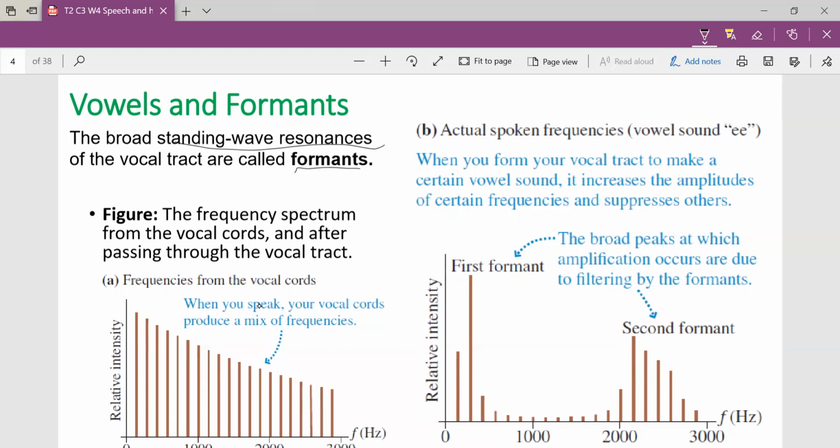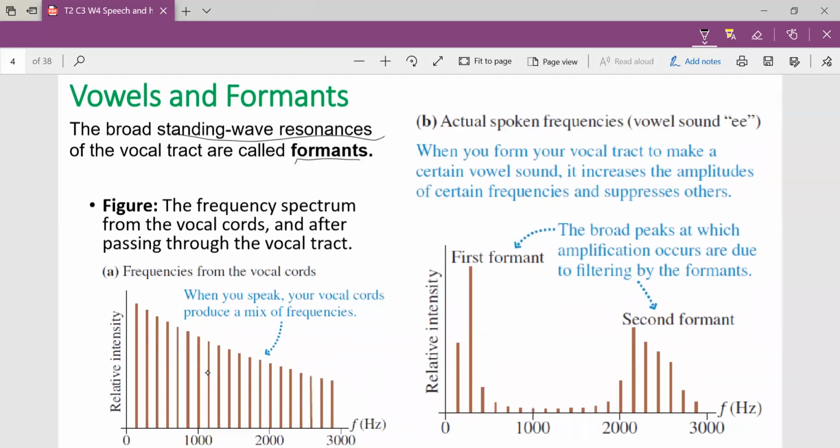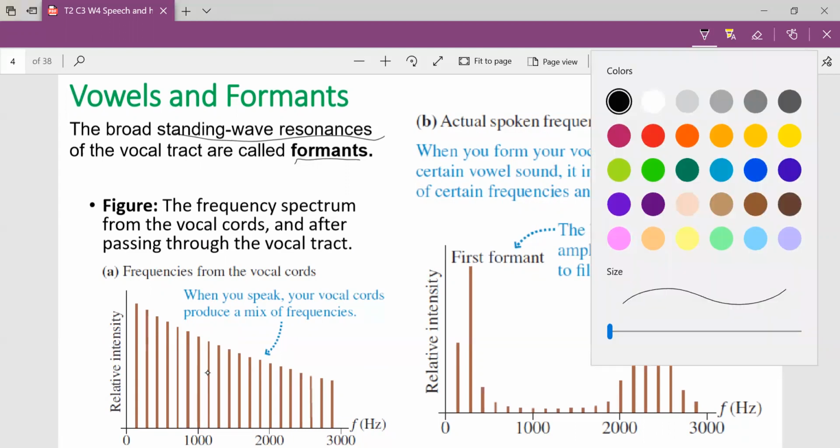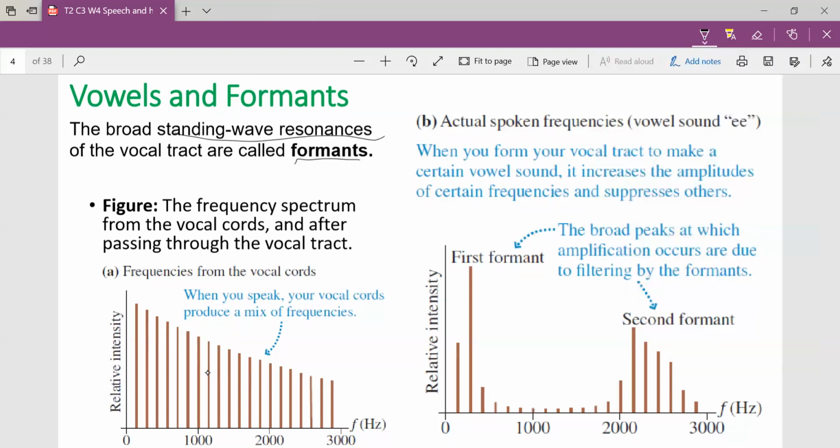So let's look at, to understand these two explanations of how we hear sound and make sound, figure A before us, the frequency spectrum, showing you the bars of relative intensity against frequency. This is a typical frequency spectrum of our vocal cords, and this one, B, talks about after sound is passed through the vocal tract.